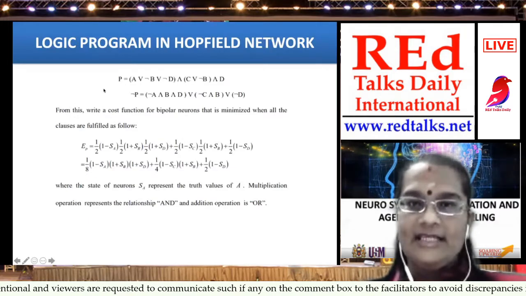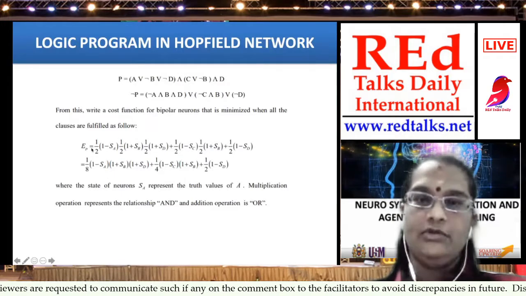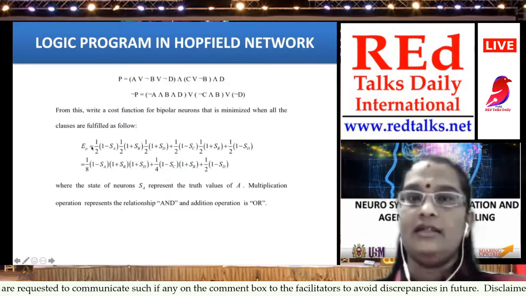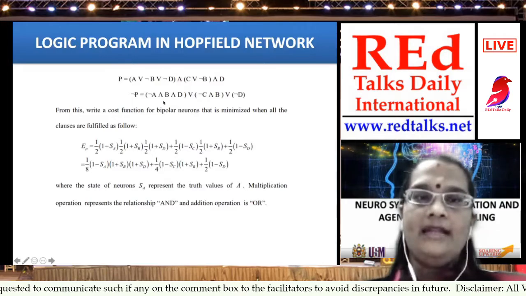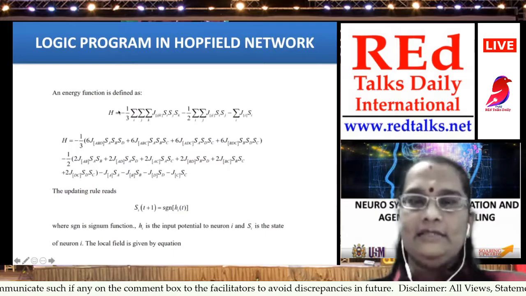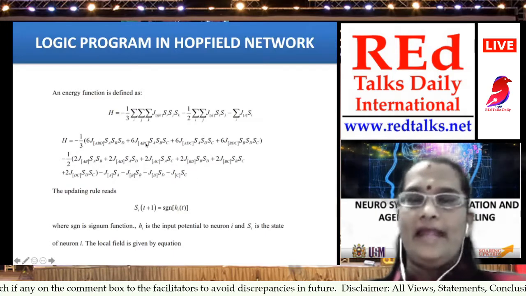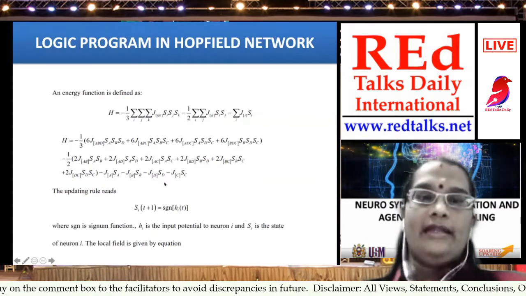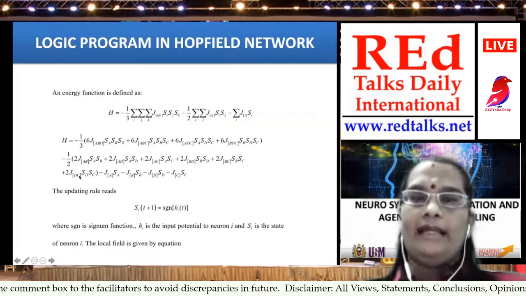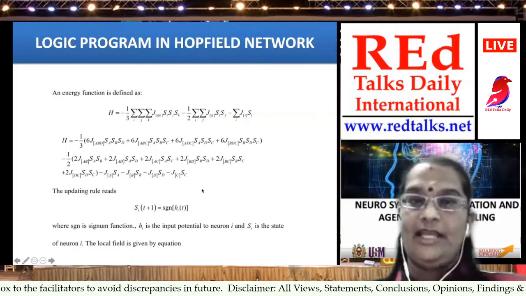Firstly, I will translate all these programs into logical clauses. These are the logical clauses. And then I write down the cost function related to the logic program, and I compare it with the energy function, and then I calculate my connection strength, which is listed as J here.